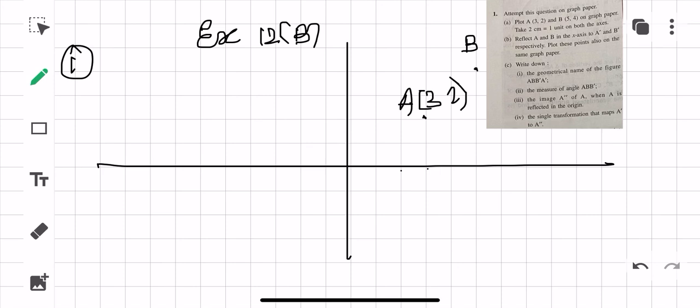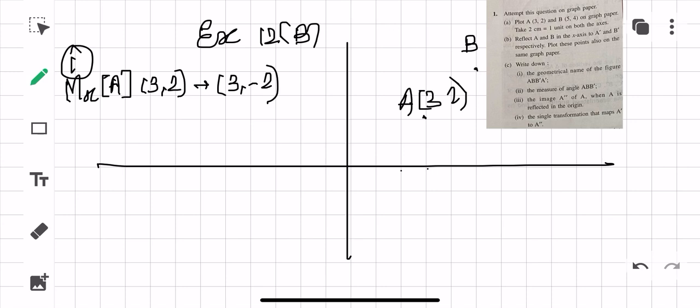So the coordinates of point A are 3, 2. If it is reflected along the x-axis, the x coordinate remains the same, and this becomes 3, -2.